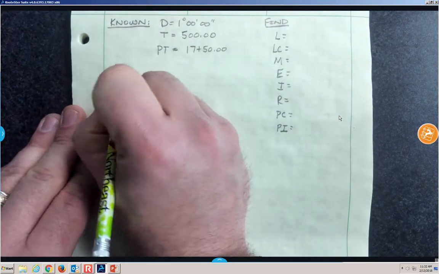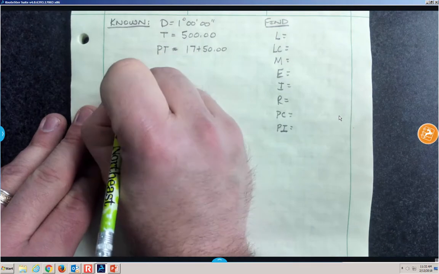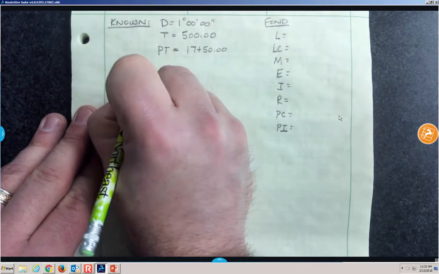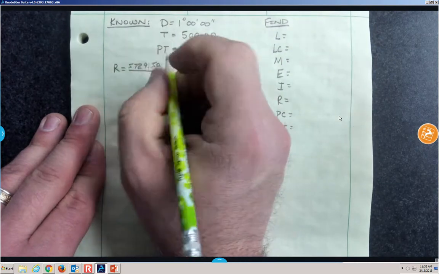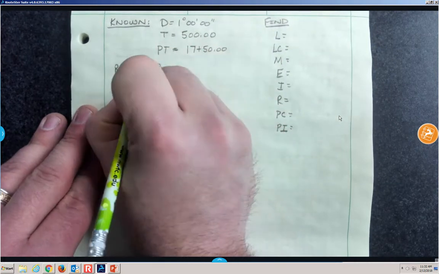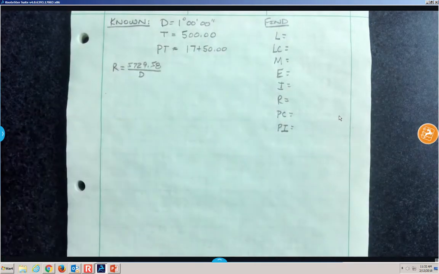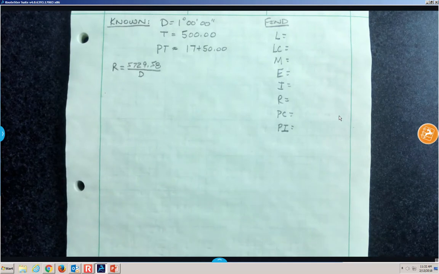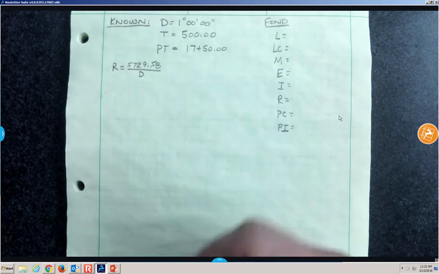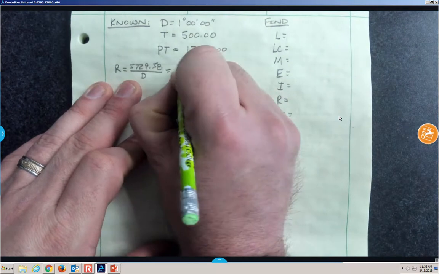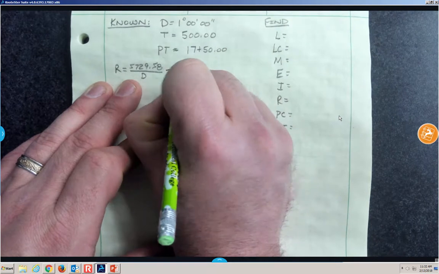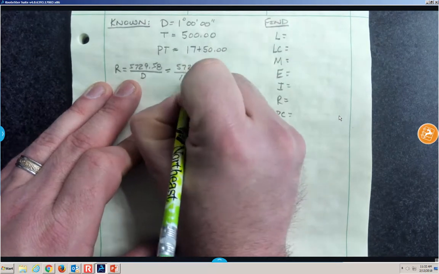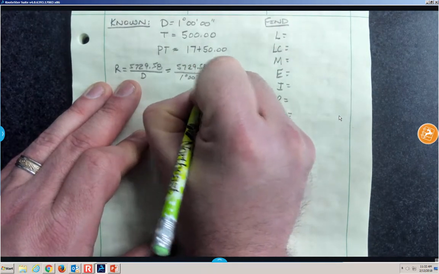So R equals 5729.58 divided by D. We just switched the formula, right? We substituted R and D, they flipped. So 5729.58 divided by D, 1 degree, 00 minutes, 00 seconds.